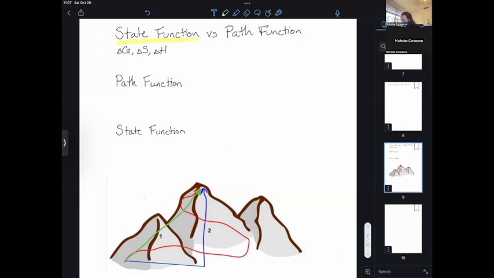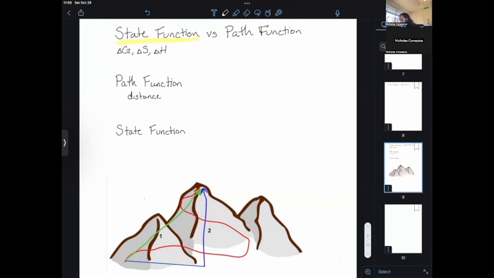Okay, and you can see that they're all starting at the same point here, and they're all ending at the same point, but they take very different paths up that mountain. So an example of a path function would be the distance that these hikers traveled.